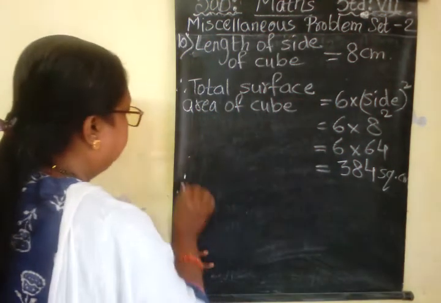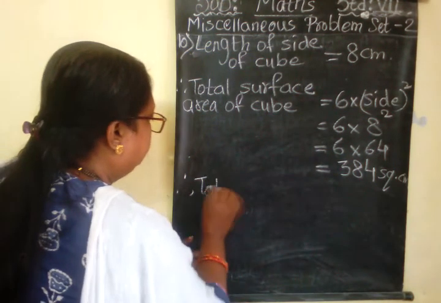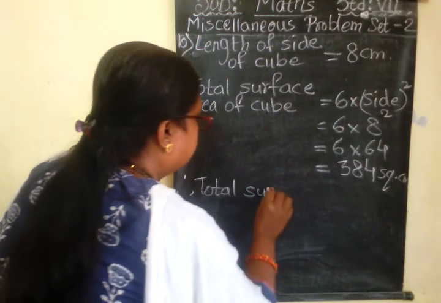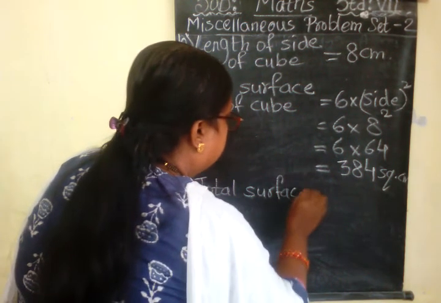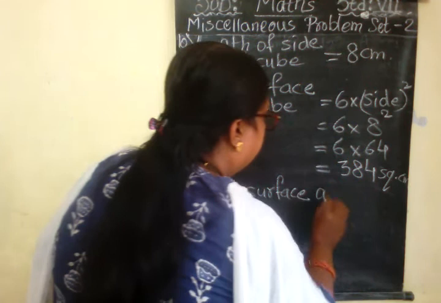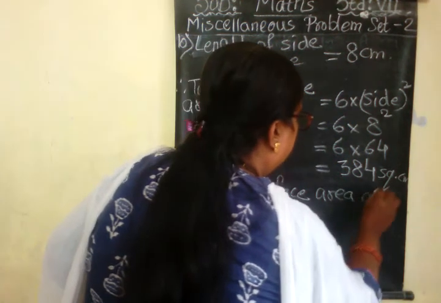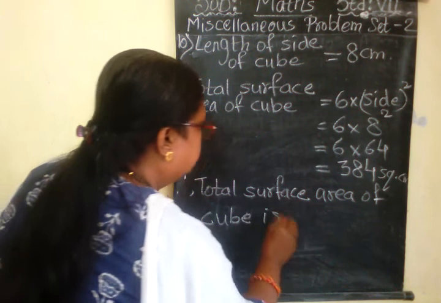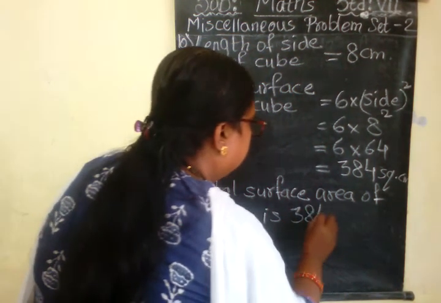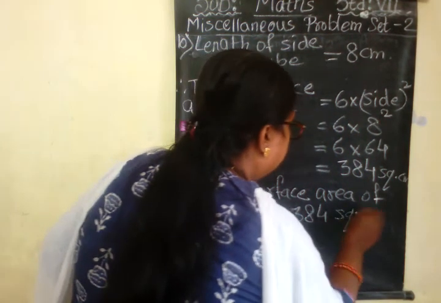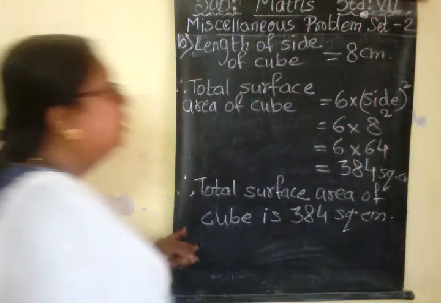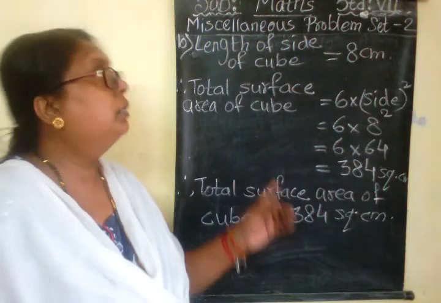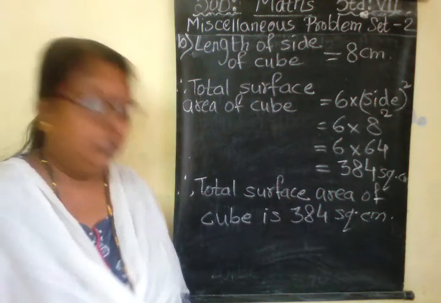So therefore total surface area of cube is 384 square centimeter. So this is your 10th sum, children. Take down.